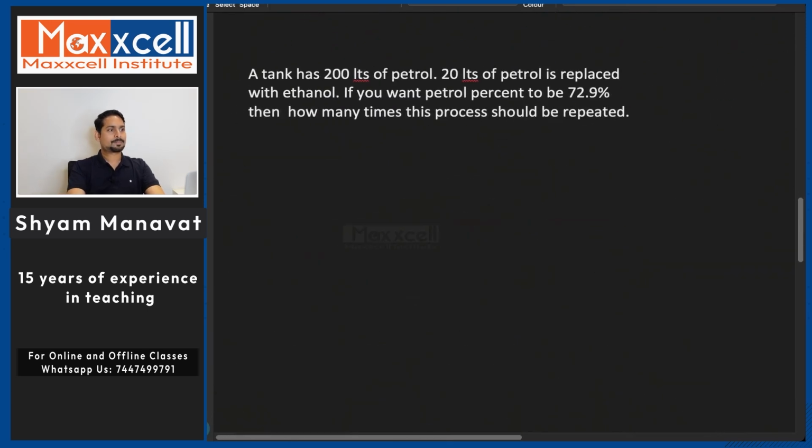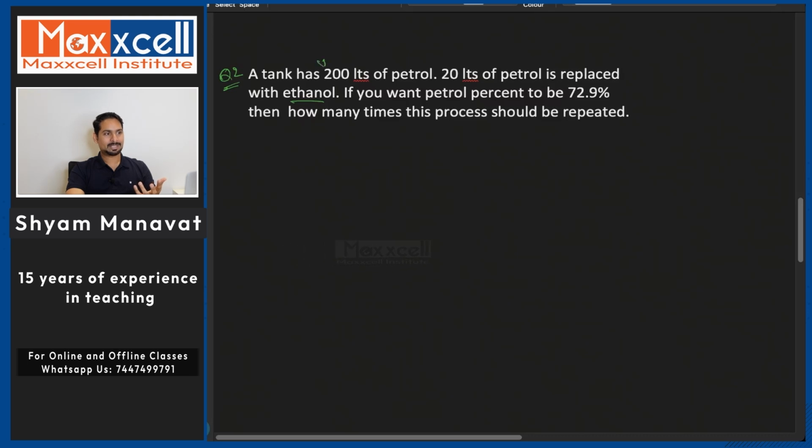Another question. So here we got question number 2, which says a tank has 200 liters of petrol. 20 liters of petrol is replaced with ethanol. So as I said, that formula does not only belong to milk. Okay, so you can apply it to some other liquid also.